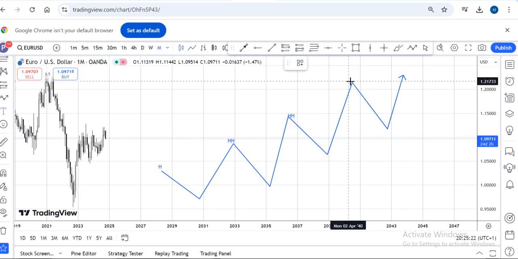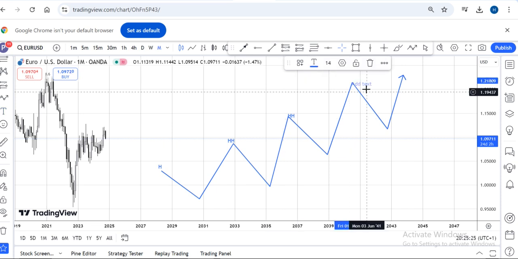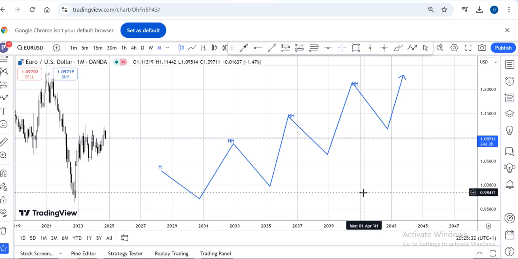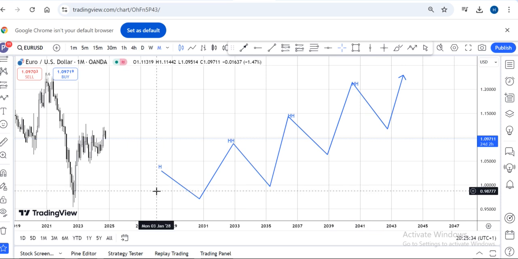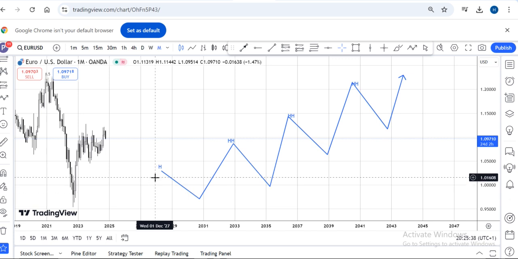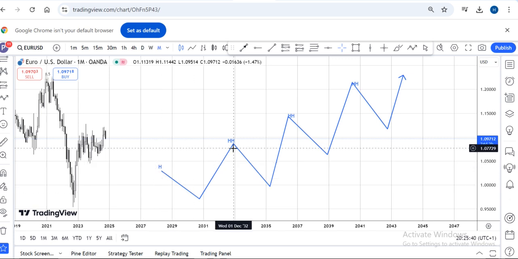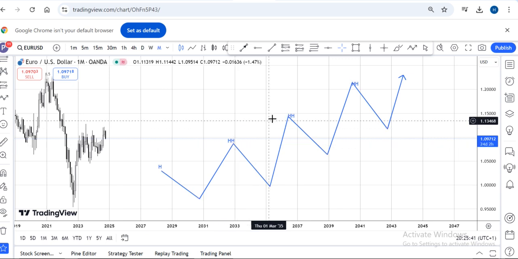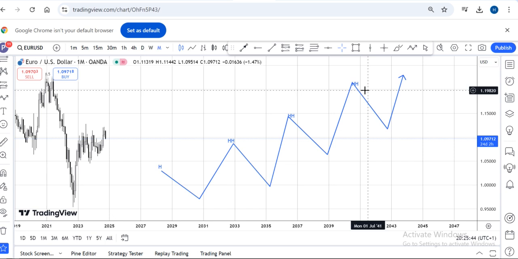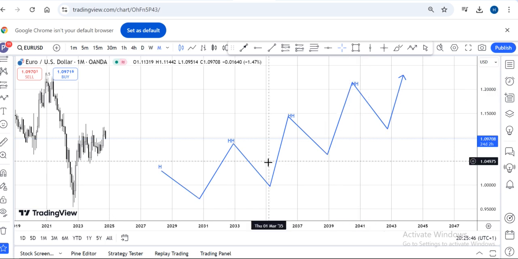The one above it also, we call a higher high. You get what I'm saying? So when understanding an uptrend, it starts with a high, then it gives you a higher high, and another higher high, just like that. So that's how it is. It's an ascending formula, an ascending way.